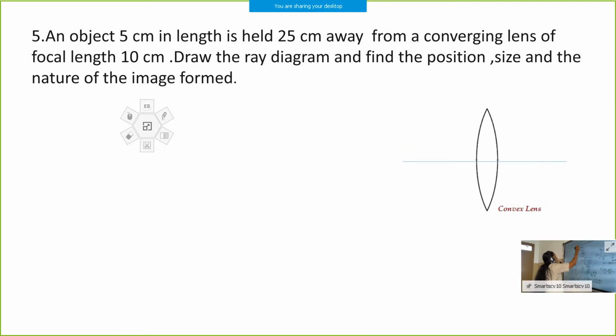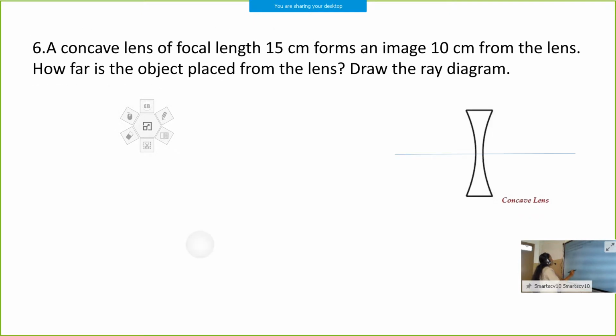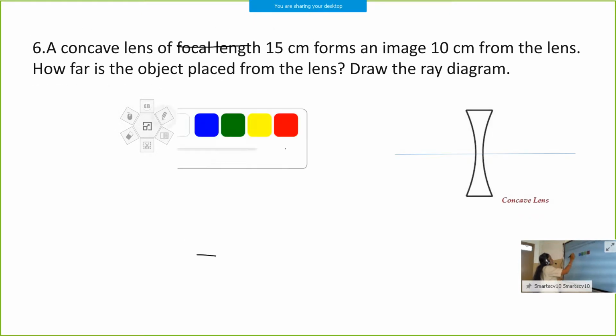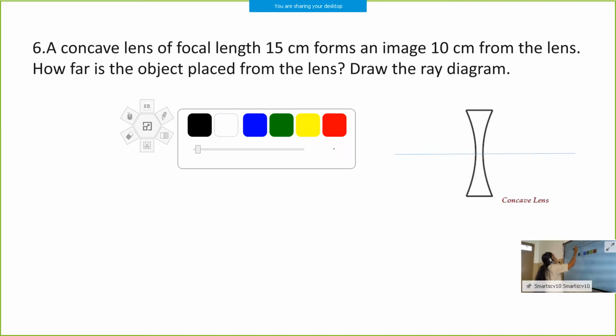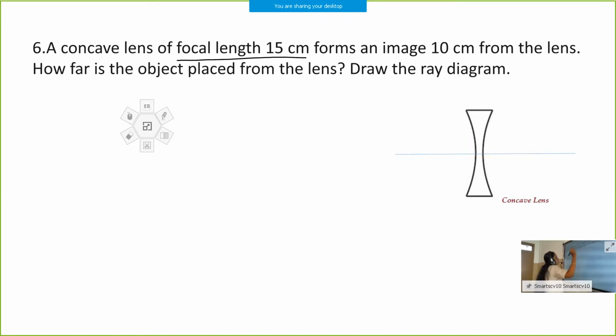Focal length of concave lens is given as 15 centimeter. It forms an image at a distance of 10 centimeter from the lens. You have to find out the object distance.